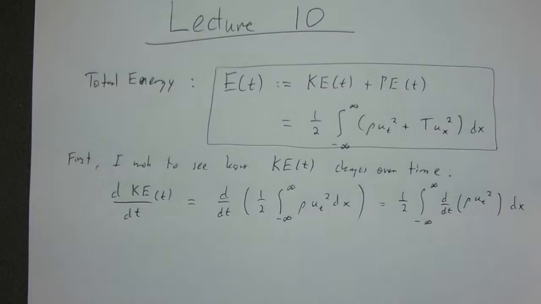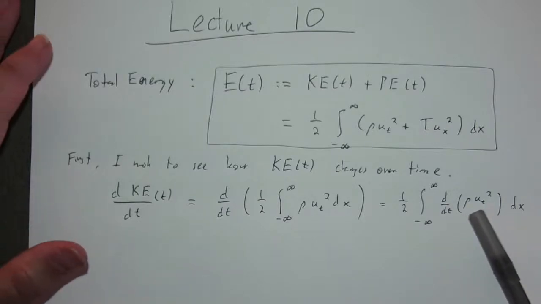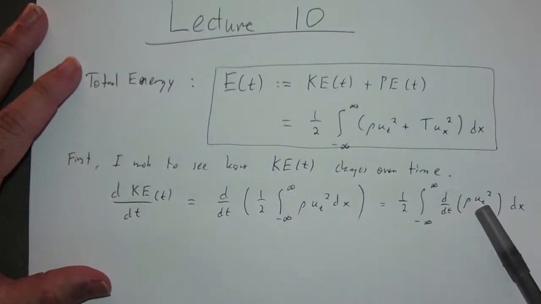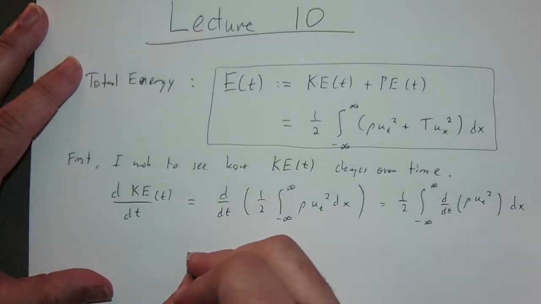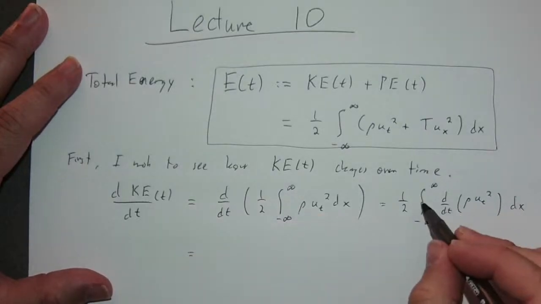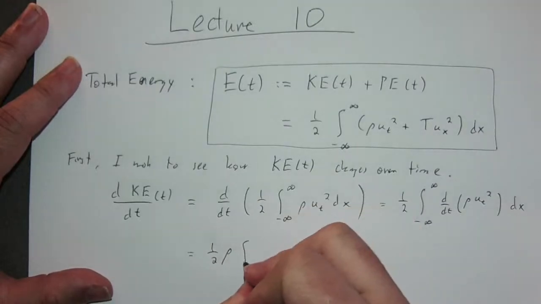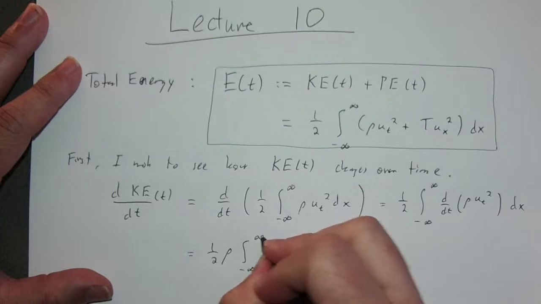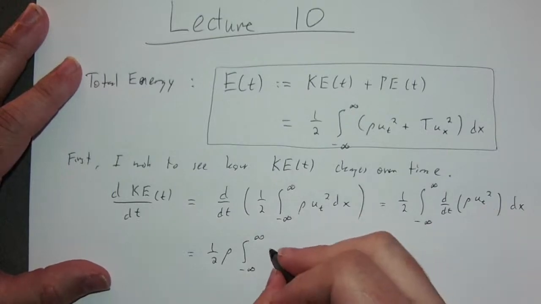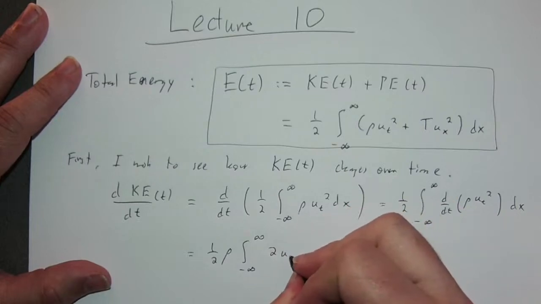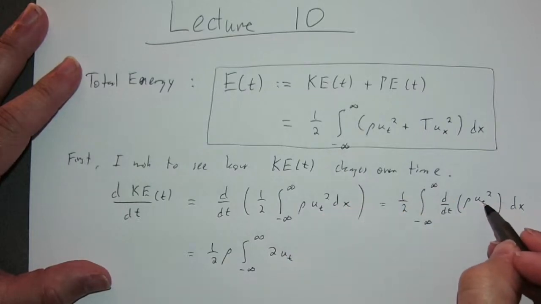Okay. All right. So rho doesn't depend on t, so that's totally unaffected here. What do I get with it? I have the derivative with respect to t of u sub t squared. So chain rule tells me I can go ahead and move rho out. So this is 1/2 rho times the integral from minus infinity to infinity of 2 u sub t times the derivative of u sub t with respect to t.